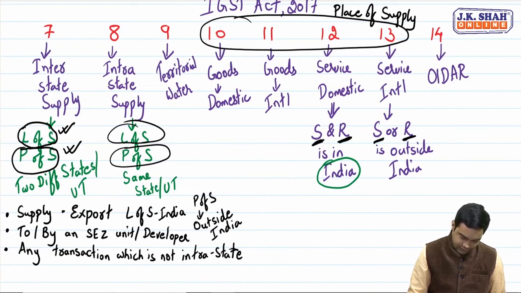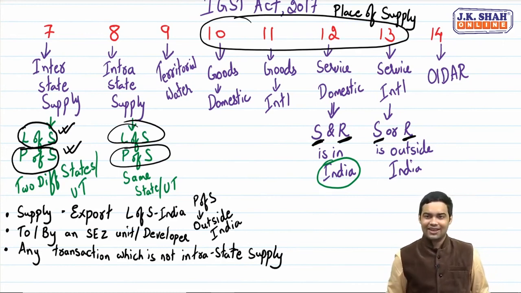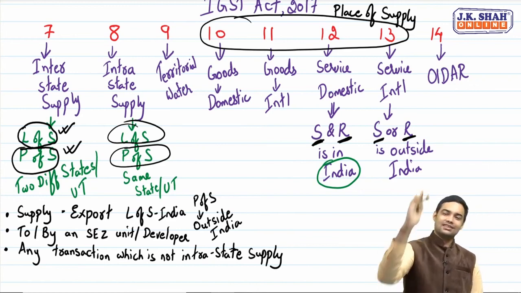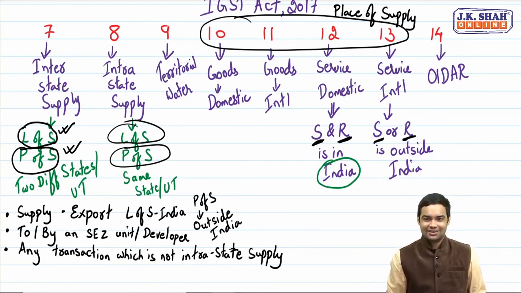Now when we say which is not an intrastate supply, you will have to think and give me an example. When we read, I will make you write the example there. But now think, what can be a transaction which is not an intrastate supply? Any such transaction which is not an intrastate supply will be regarded as an interstate supply.